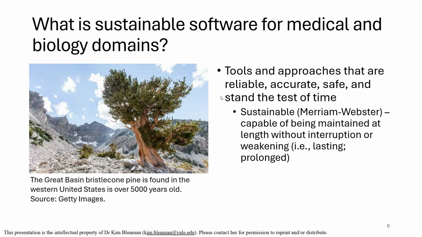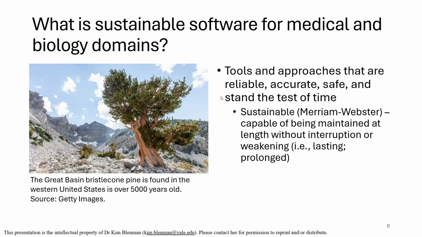So we in the medical and biology field domains cannot use the mantra move fast and break things that the social media domain relies on. The software has to be usable from the very beginning and for many years to come in order to compare results or conclusions between biological studies or between patients.